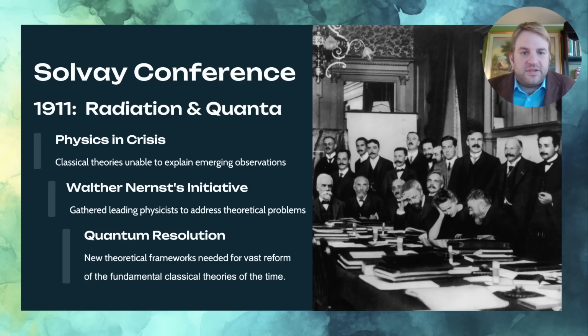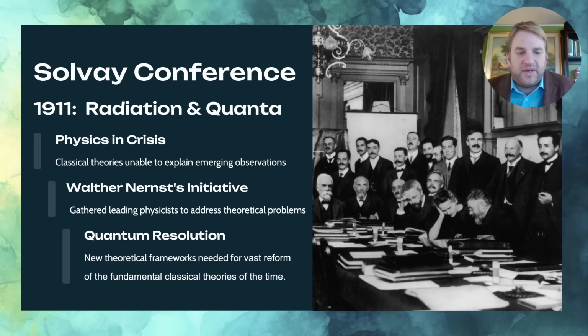So these concerns became increasingly important as the years progressed after 1900. Einstein proposed an explanation for the photoelectric effect, and there was a growing understanding that the old classical theory was not going to work to describe a number of emerging phenomena in physics.